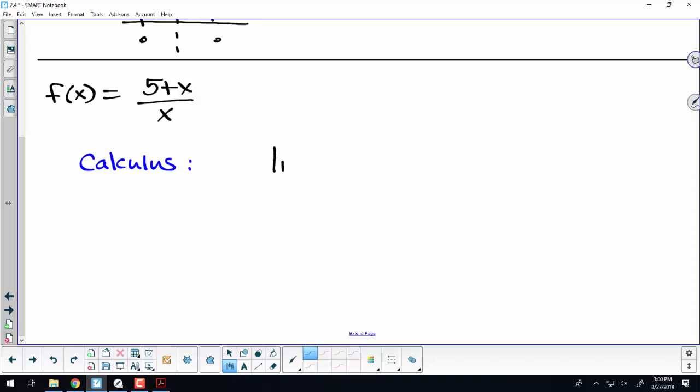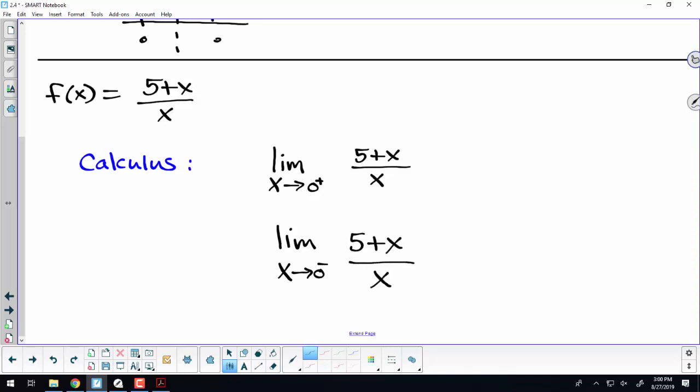You would see what's the limit as x approaches 0 from the right, and what's the limit as x approaches 0 from the left. So when you're presented with a limit like that, it's helpful to recognize, okay, this function, that factor of x doesn't go away, so I'm dealing with a vertical asymptote, right? That's like 90% of the battle right there.